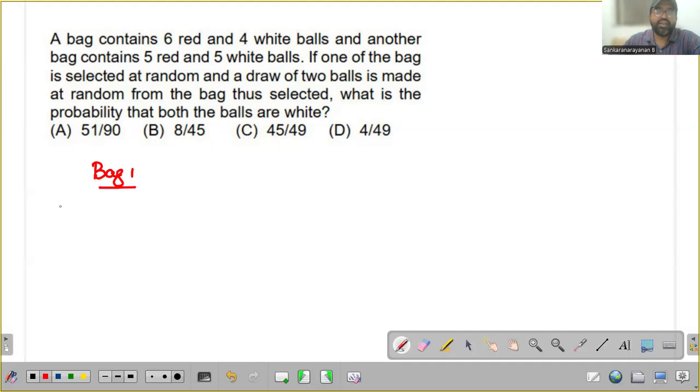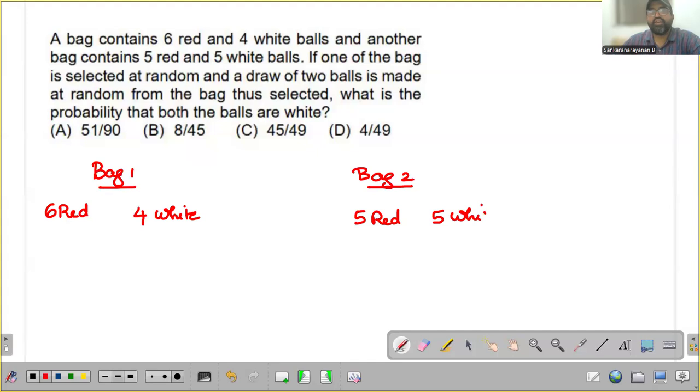I can see that we have got 6 red and 4 white. Okay, that is there in bag number 1. And in bag number 2, it is given there are 5 red and 5 white.